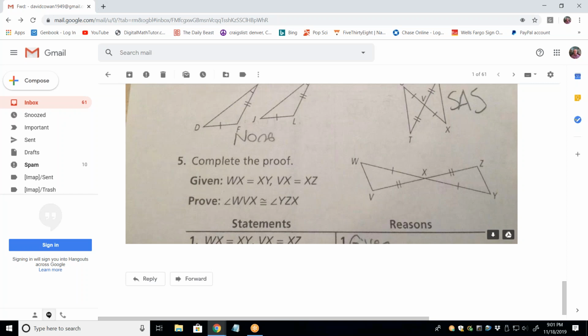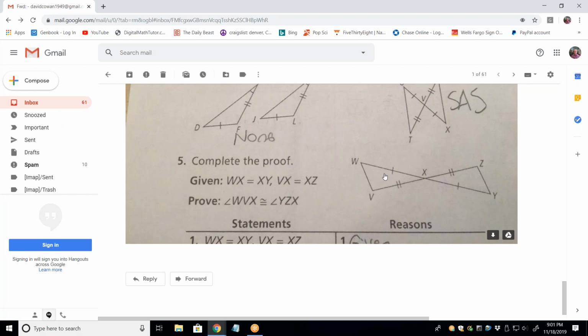This proof is going to be pretty much the same as problem 4. And let's see, I don't know if you can see where I'm pointing. This angle here, you see where I'm pointing? Okay. EXW, yeah, that's equal to YXZ, right? Because they're vertical angles. Yeah. So then we have side, angle, side.